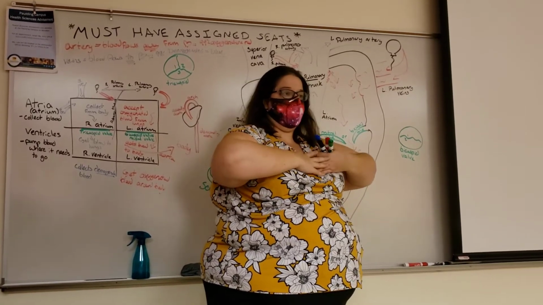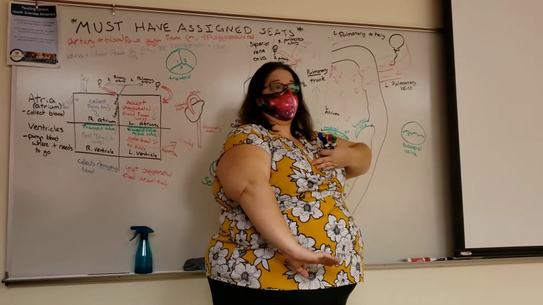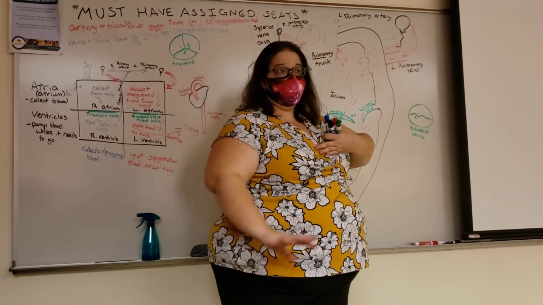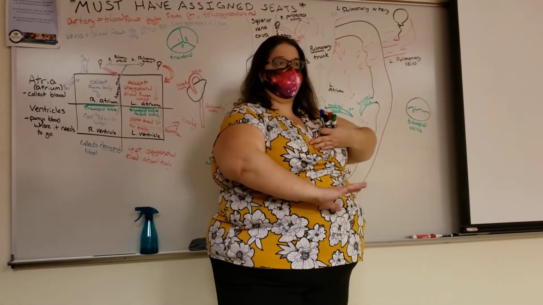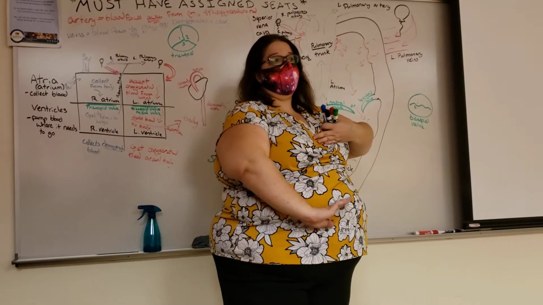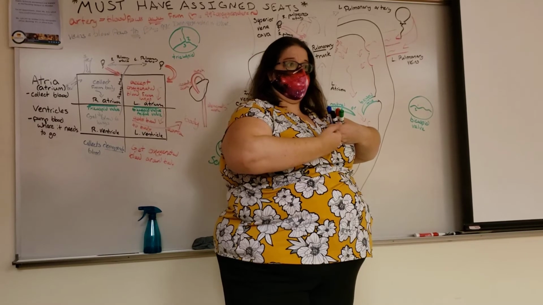Anything that is level with or south of your heart, or inferior to your heart in your body, through your other winding blood vessels, the veins are going to all meet back up at your inferior vena cava, and that blood is going to come back to your heart through the inferior vena cava.